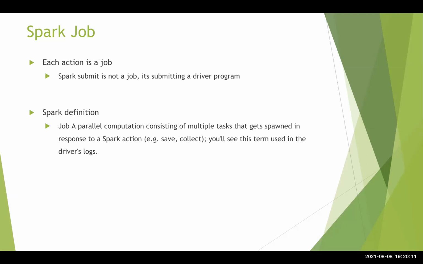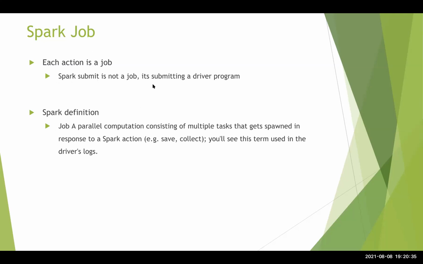Those 2 jobs are there because you have 2 actions in your application. One might be collect, second might be save, or one might be saving to a file, second might be saving to a database. These are just examples of actions. Whatever actions you have, those will appear as jobs on the Spark UI.